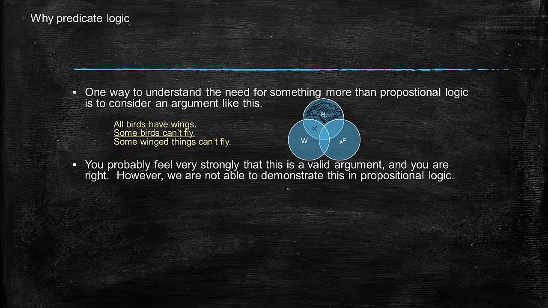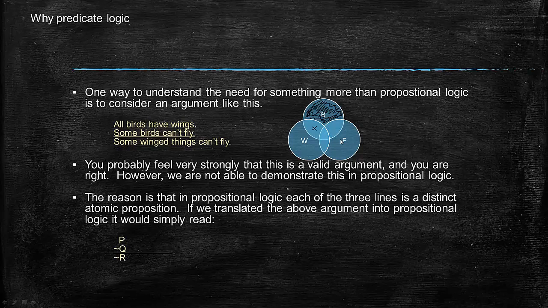And so predicate logic is going to show us how to extend propositional logic to deal with arguments like this. Now, the reason that propositional logic just can't handle this is because if we translated this into propositional logic, we'd have to treat each one of these as a distinct atomic proposition.